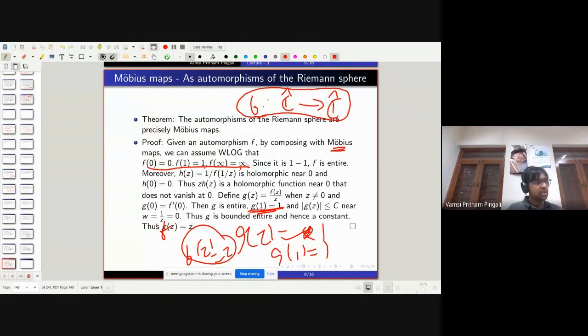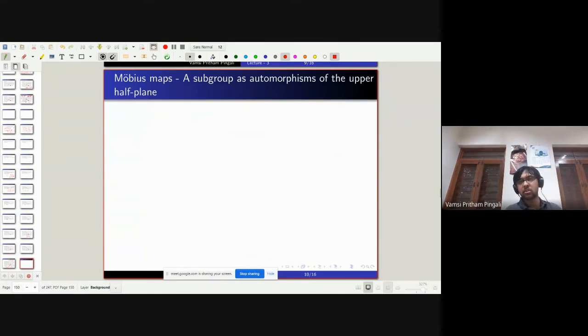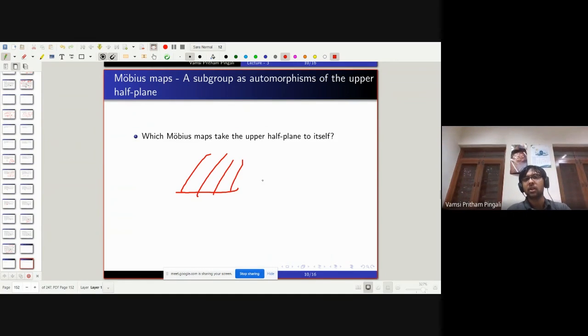All right, we have 5 minutes, so let me end with this slide. The question is, which Mobius maps take the upper half plane to itself? We know that there are lots of Mobius maps, and lots of them take the upper half plane to itself.